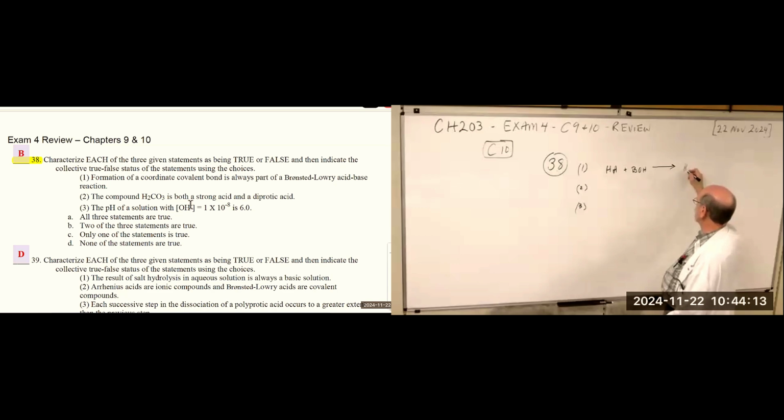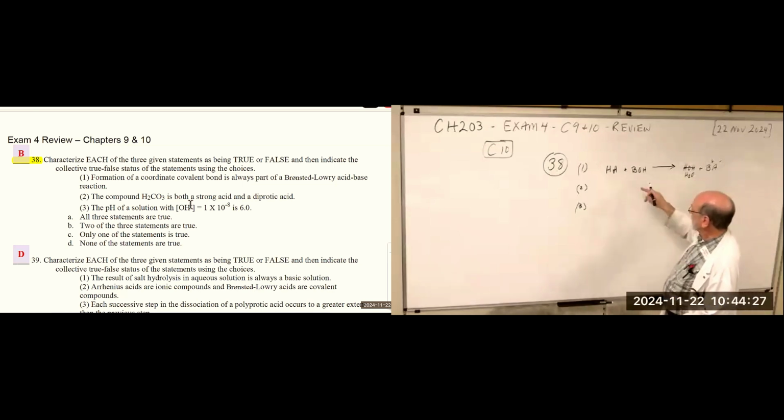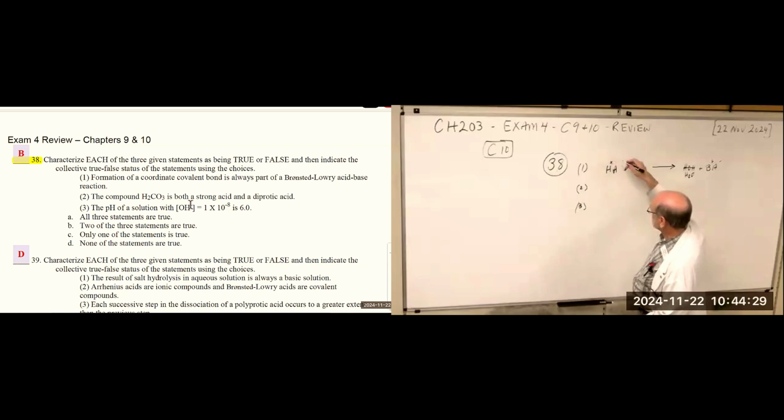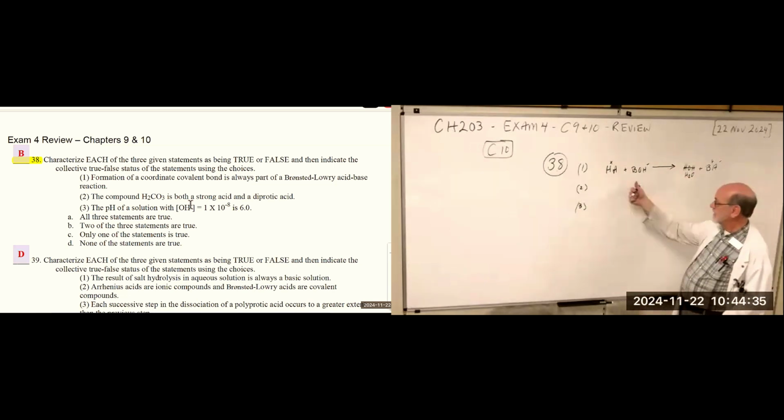So we have HOH or H2O and BA. Now that's an ionic compound. This one has that positive and this negative. So where do the electrons come from for that bond?